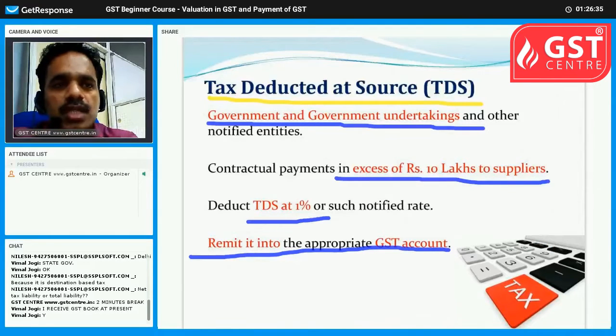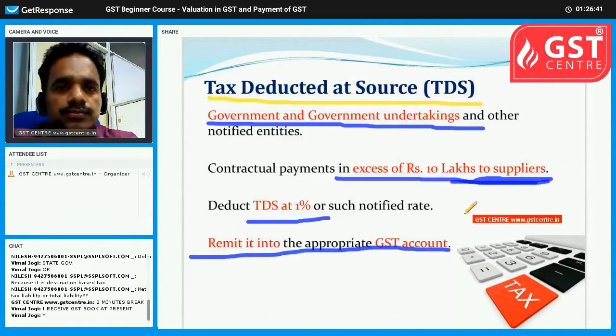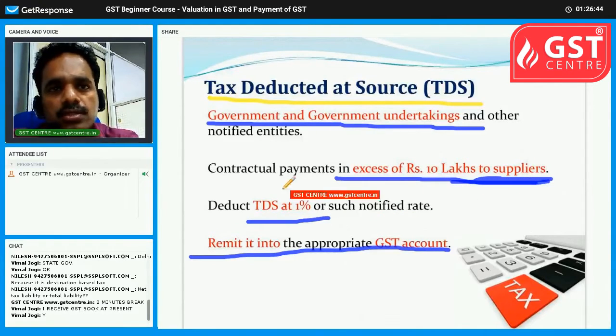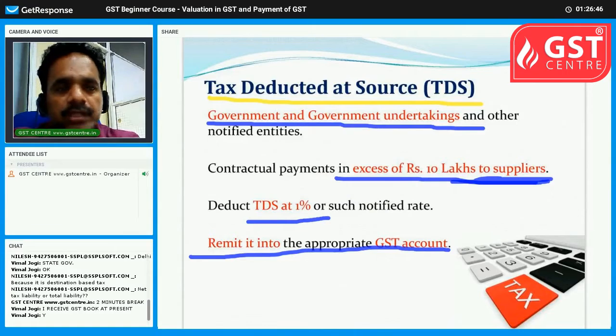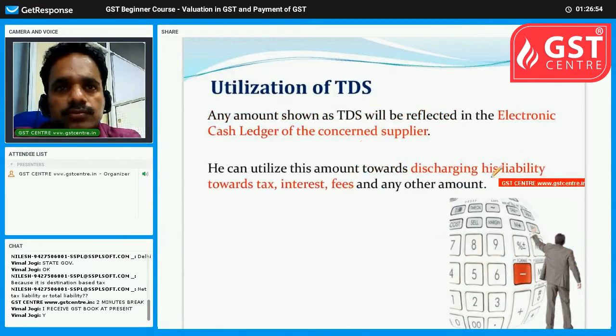To which GST account? To the supplier's TDS account, in the name of the supplier. So government and government undertakings need to deduct TDS at 1% for any supply which is above 10 lakhs.